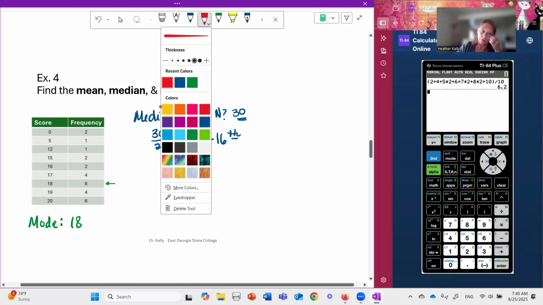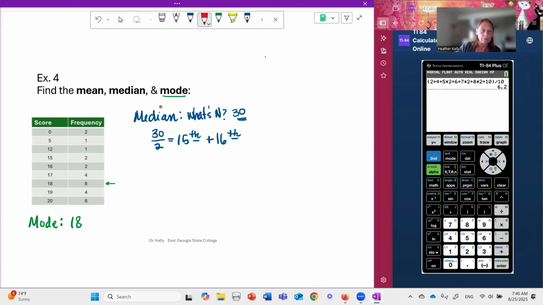Very simply, we're going to count it. 1, 2, 3, 4, 5. I don't know why that's staying up. There we go. 1, 2, 3, 4, 5, 6, 7, 8, 9, 10, 11, 12, 13, 14, 15. So 15 is happening here. So that is an 18.